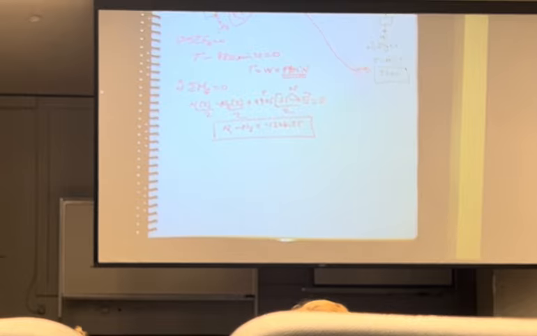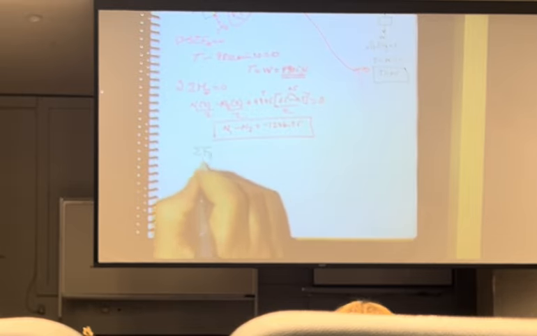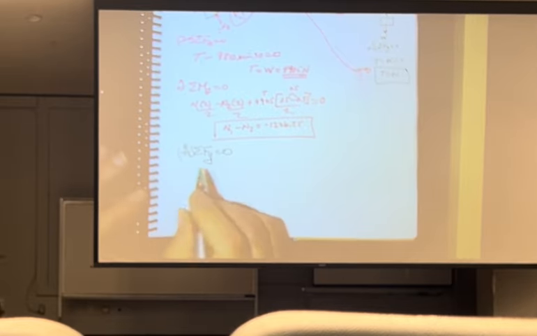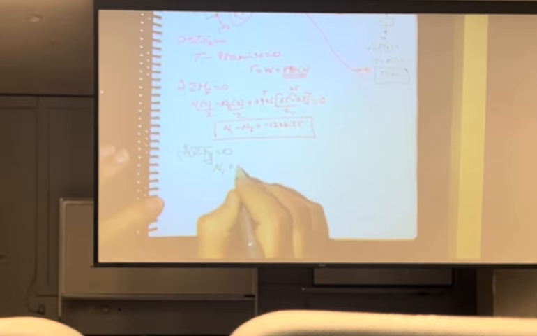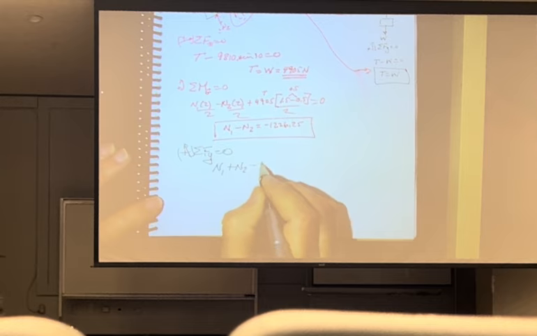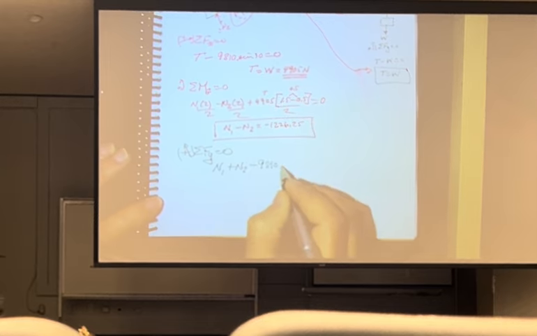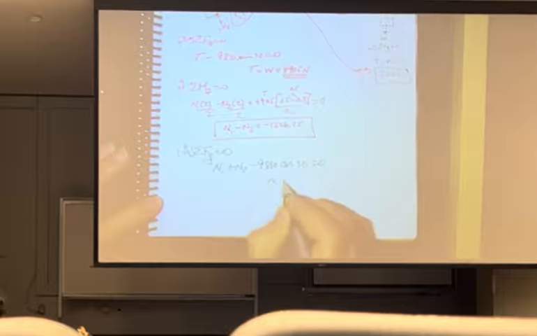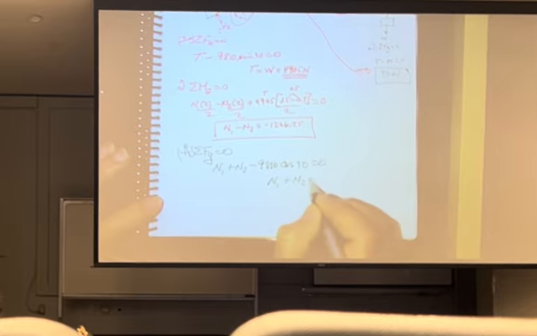So now I come in and I write sum of forces in the y equals 0, perpendicular positive, N1 plus N2 minus 9810 cosine 30 equals 0. So N1 plus N2 is equal to 8495.71.